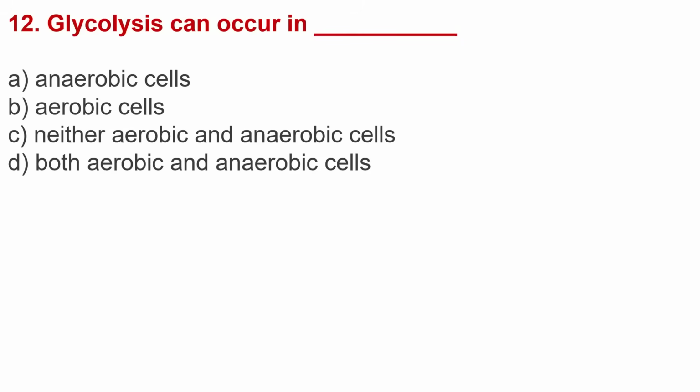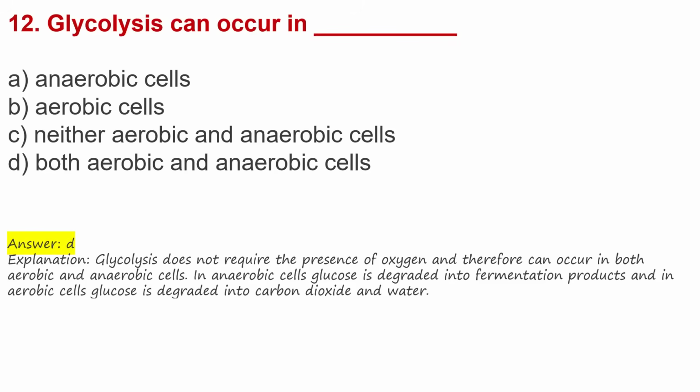So, glycolysis can occur in: A. Anaerobic cells. B. Aerobic cells. C. Neither aerobic nor anaerobic cells. D. Both aerobic and anaerobic cells. The answer is D. Glycolysis can occur either in the presence or absence of oxygen, so it is oxygen independent.